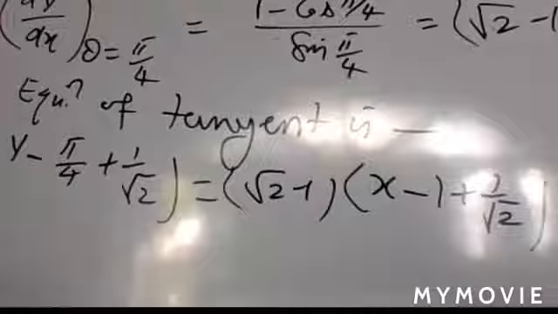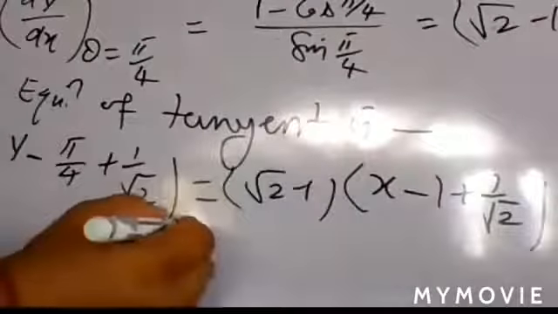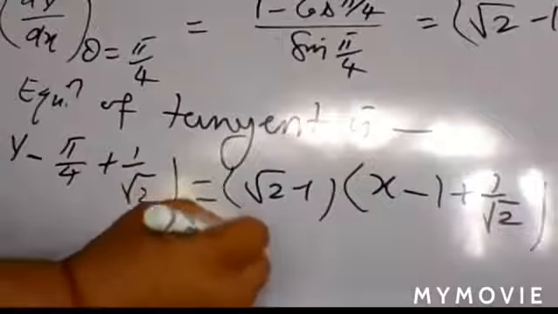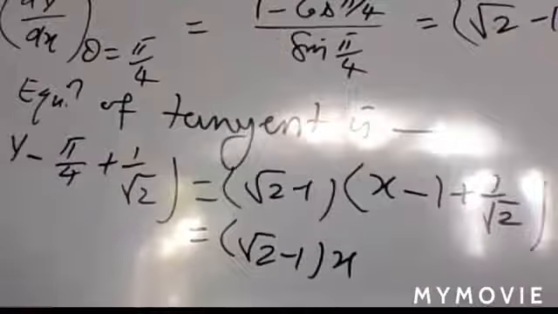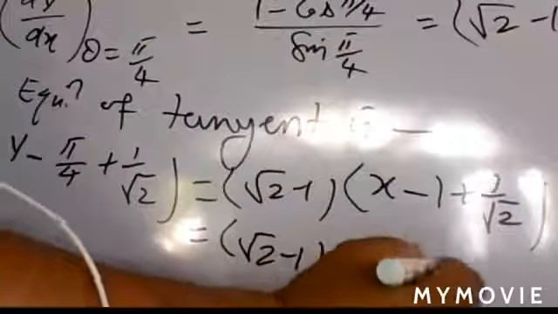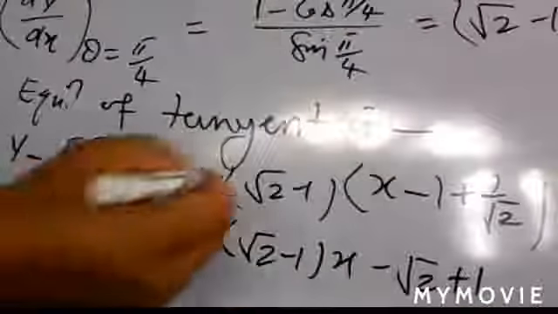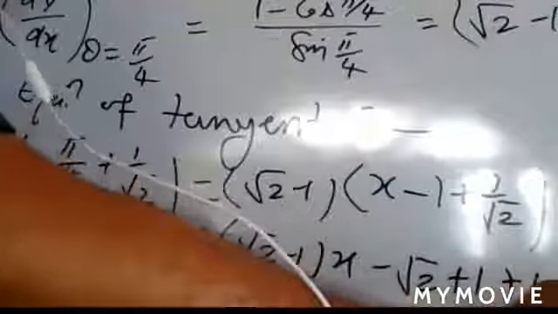Now simplifying it. Root 2 minus 1 is multiplying each of the terms. So here you have root 2 minus 1 into x. And root 2 minus 1 multiplying with minus 1 gives minus root 2 plus 1. And that multiplies with 1 by root 2, so here you have 1 and minus 1 by root 2.